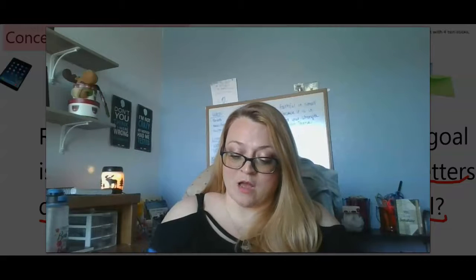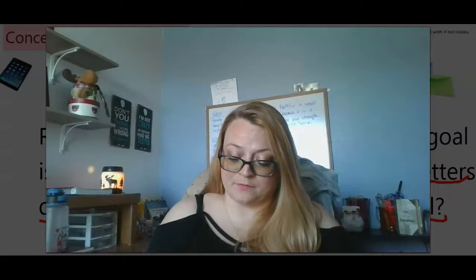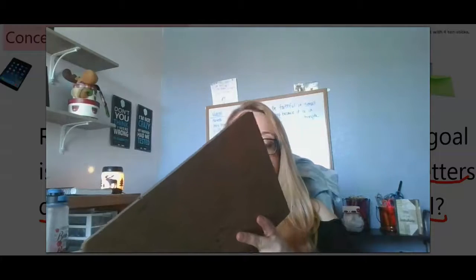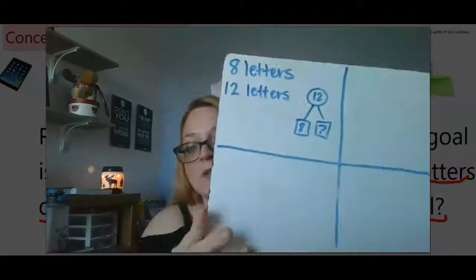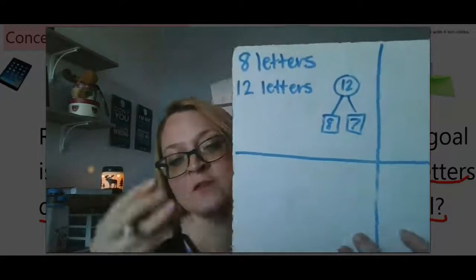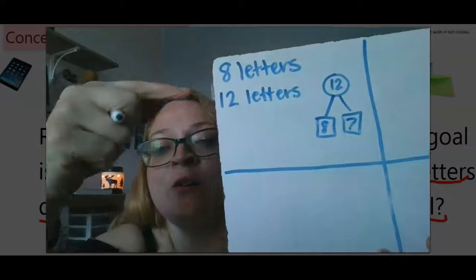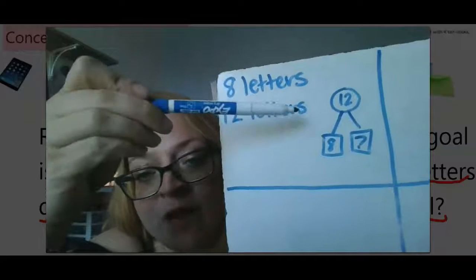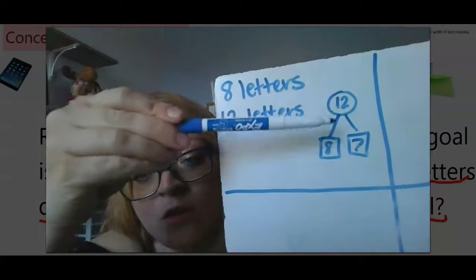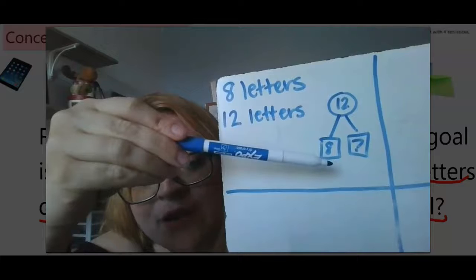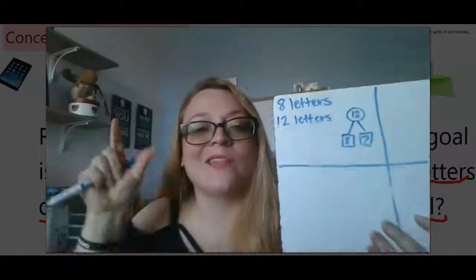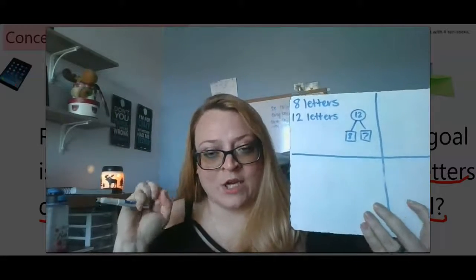So if I draw my number bond, it's going to look like this. Okay, now for those of you not in my class, I do number bonds like this, where my whole is always a circle and my two parts are squares, because they just help tell the difference between them a little bit easier.